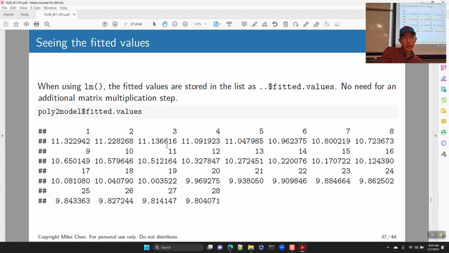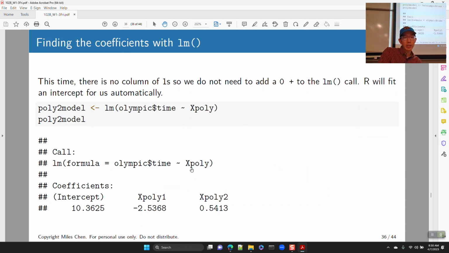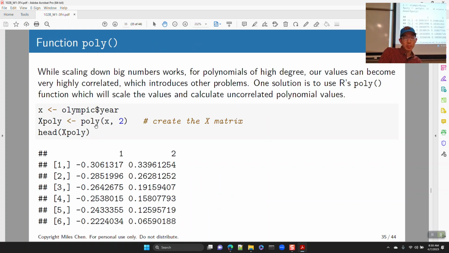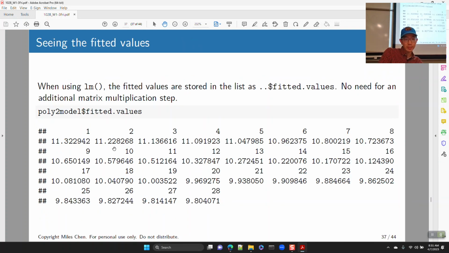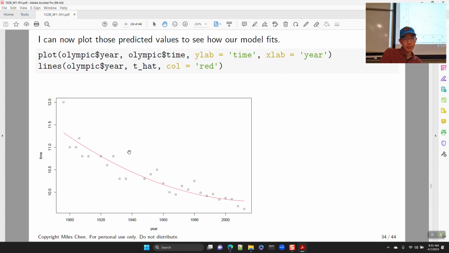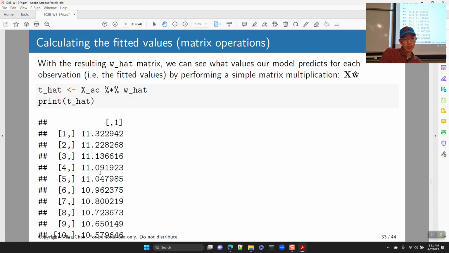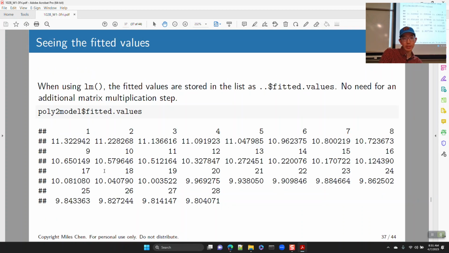So using the poly function here, when I said, take our X matrix and make a polynomial matrix with the second order term, the fitted values are exactly the same as the fitted values when I did this operation, right? The fourth value, 11.091923, and this is exactly 11.091923.